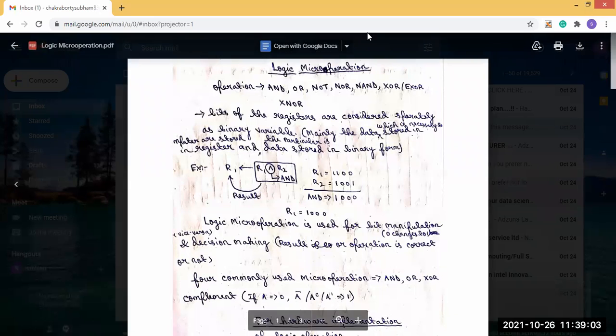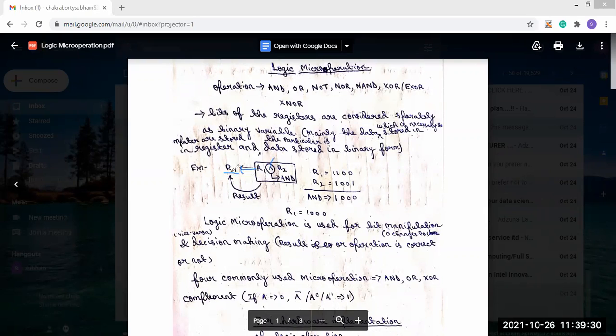Let's say this is an example: R1 ← R1 ∧ R2. This means the AND operation, as in discrete mathematics. If you remember, these operators each have some meaning.